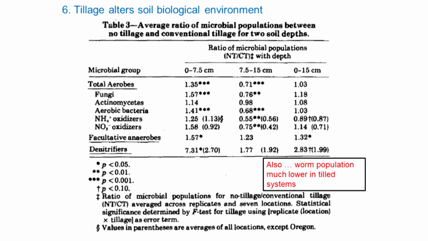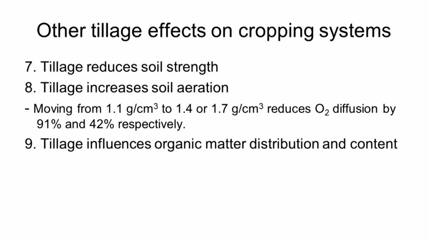So in the 0 to 15 centimeters of the soil profile, no-till has 32% more anaerobic bacteria than conventional till, and 283% more denitrifying bacteria compared to conventional till. So you're really increasing the anaerobic microbial groups as tillage goes down.